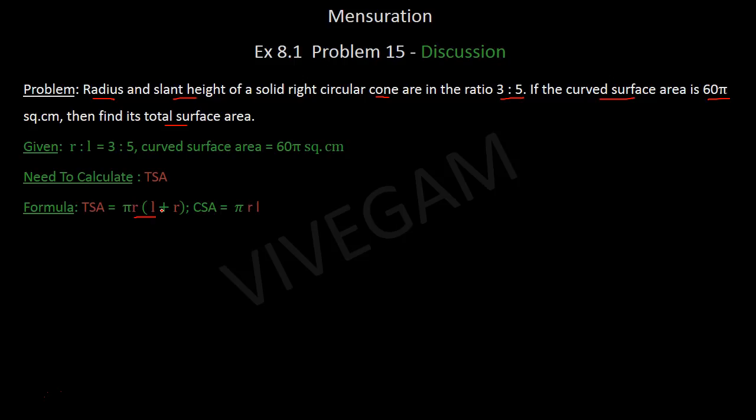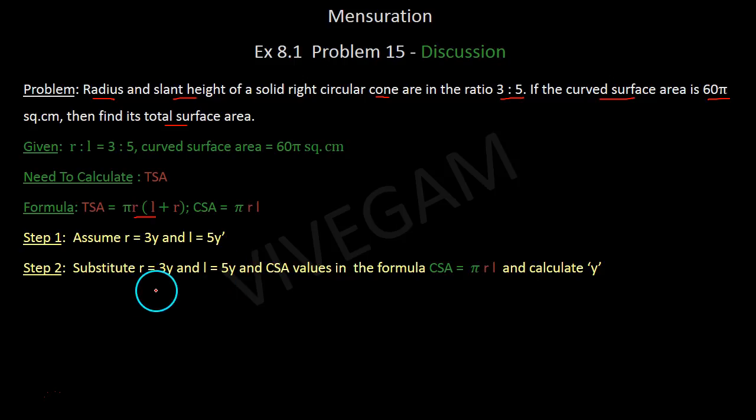So let me summarize these steps. First step: assume the radius as 3y and the slant height as 5y because they are in the ratio of 3:5. Step 2: substitute r equal to 3y, L equal to 5y and the CSA value, which is 60 pi, in the formula CSA equals pi RL.